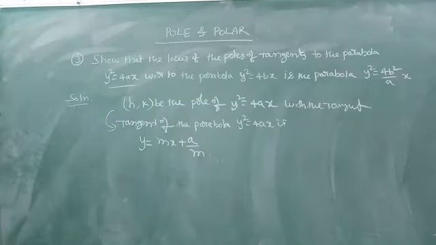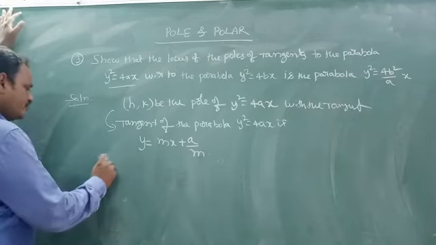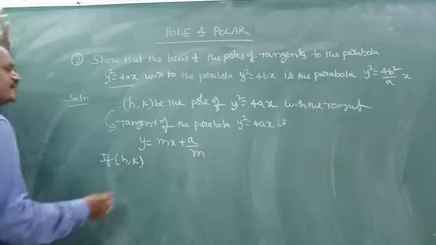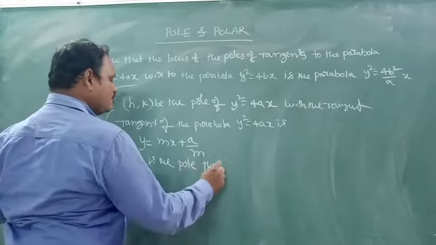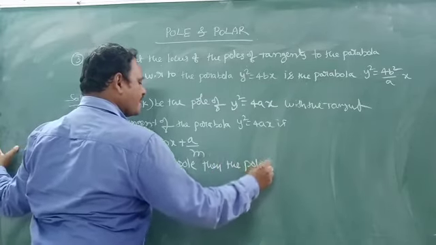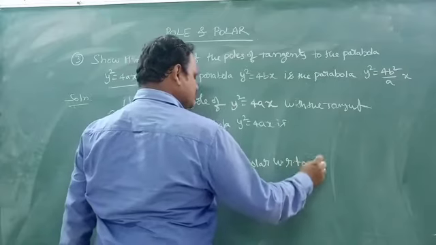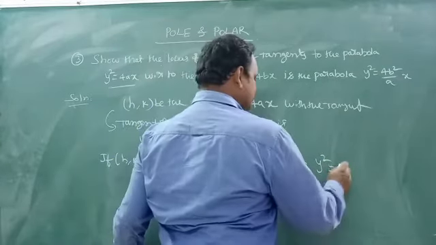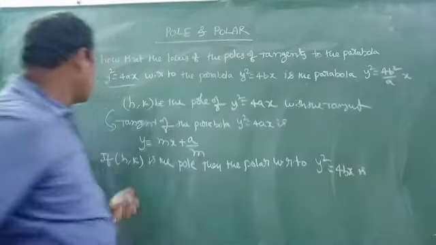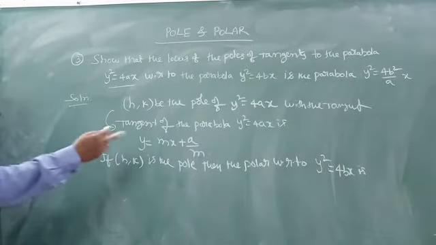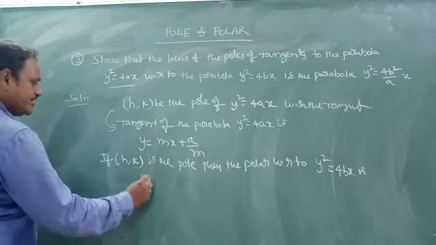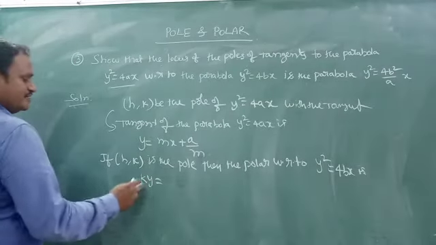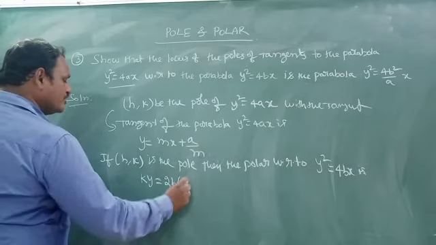Now you know that if h comma k is the pole, then the polar with respect to y square is equal to 4bx is ky is equal to 2b into x plus h.